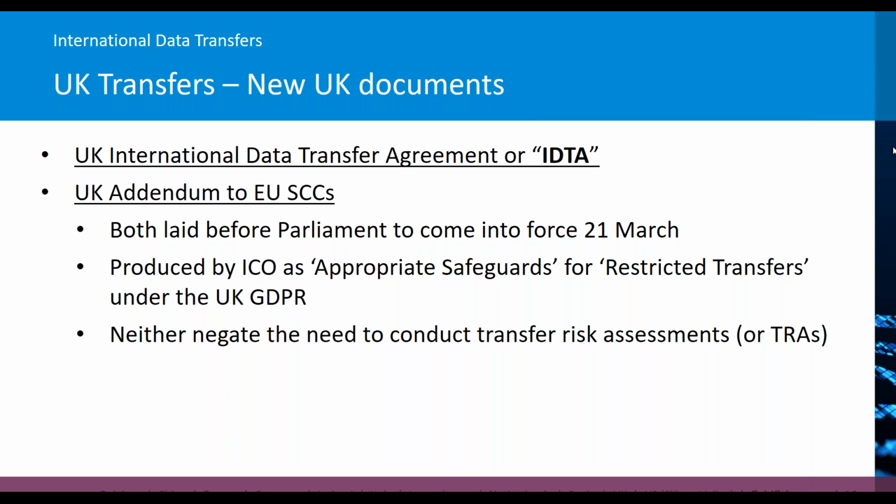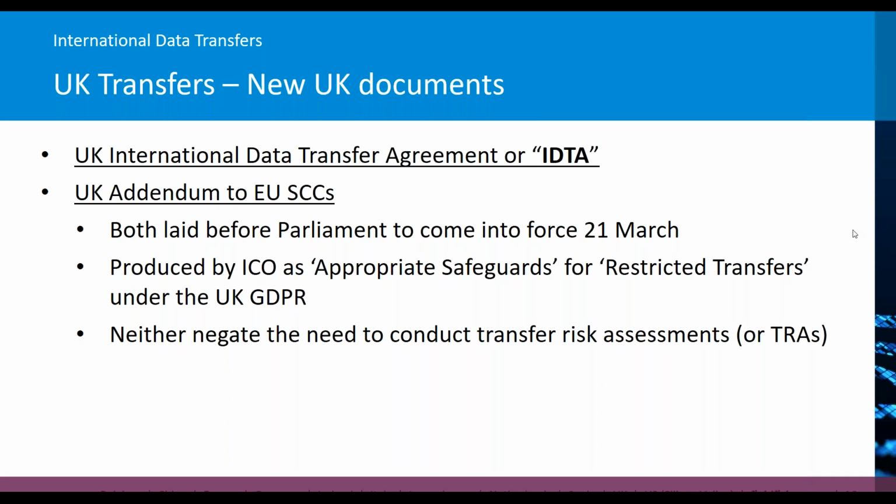You'll still need to carry out a risk assessment for UK transfers in order to identify what, if any, other supplementary measures you'll need to put in place to ensure appropriate protection and safety of your data transfer.